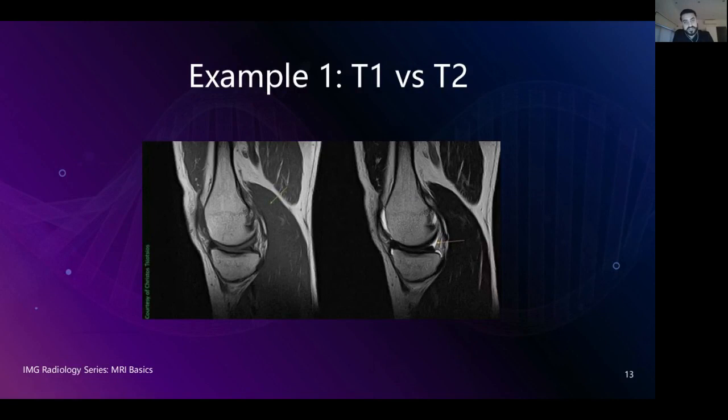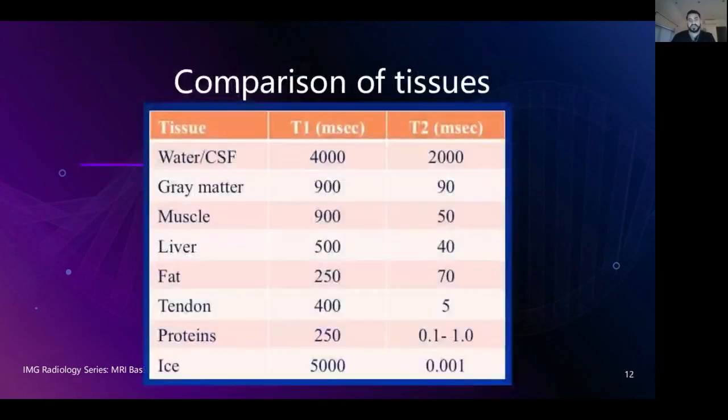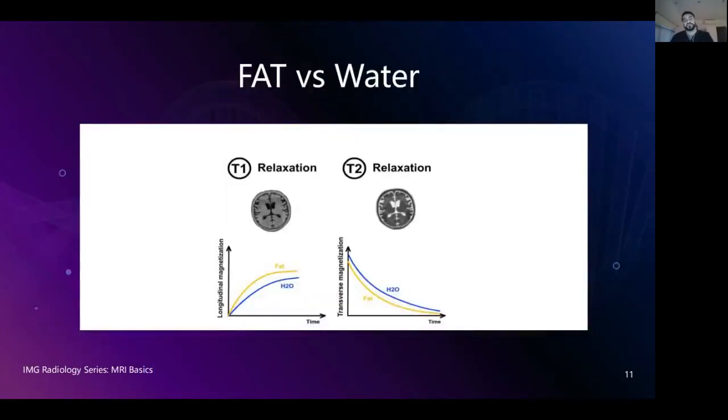So in the first image, which is a T1 weighted image, you can see that the fluid in the synovial capsule and the joint is black in comparison to the surrounding tissue, which is whiter, so fat is brighter than the surrounding fluid. But in the T2 weighted image, the fluid is brighter, and that's the same as we saw in this particular image of the brain.